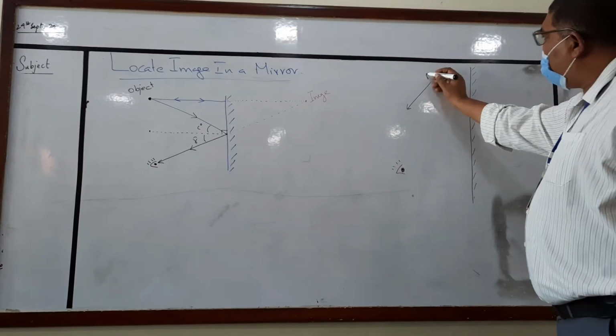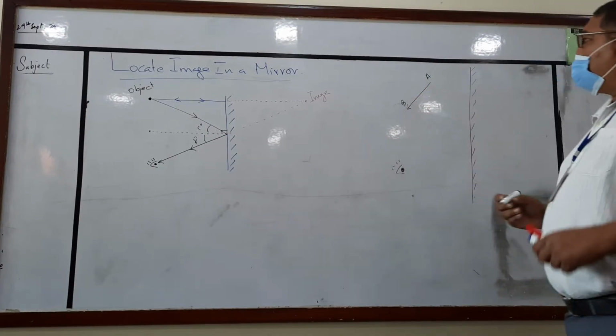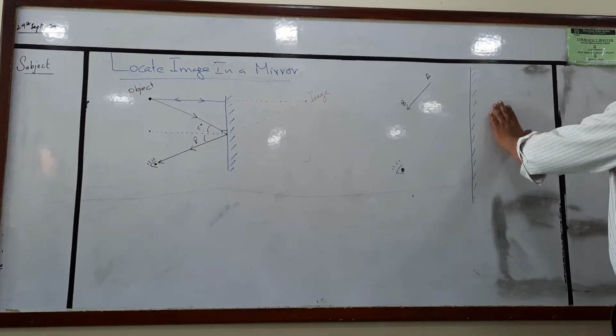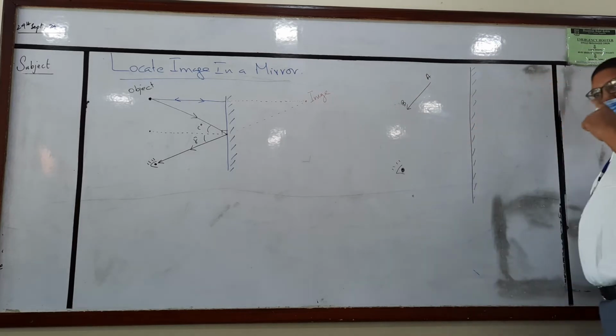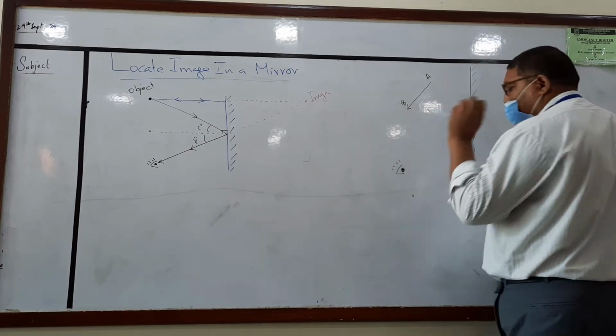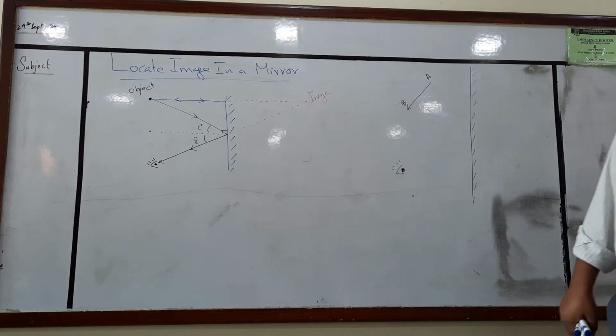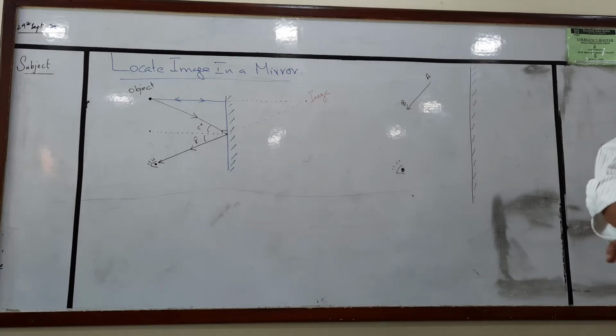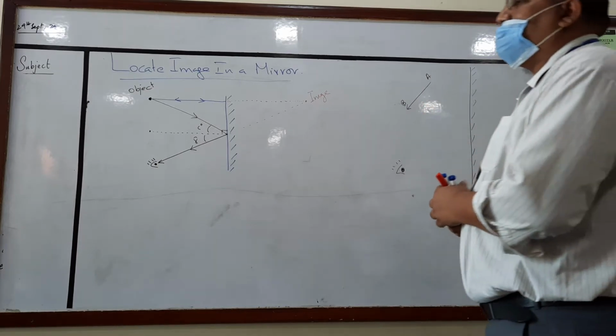Can you see this, points A and B? So now I have a mirror, here I have an object, and here is the observer, and he wants us to locate the image, or to draw the image.